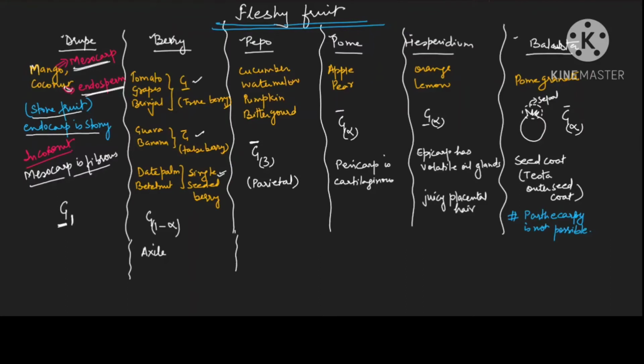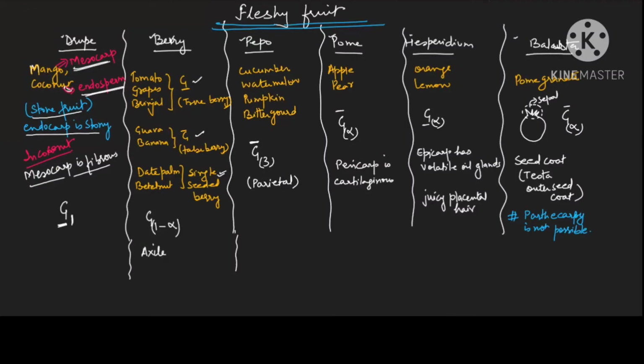And when you open it and find the seeds, in pomegranate you are consuming the seed coat. Which seed coat are you consuming? Testa. It means the ovule has changed into seed, and the ovule integument has changed into seed coat, which you are consuming. So in such a type of fruit, especially pomegranate, parthenocarpy is not possible.